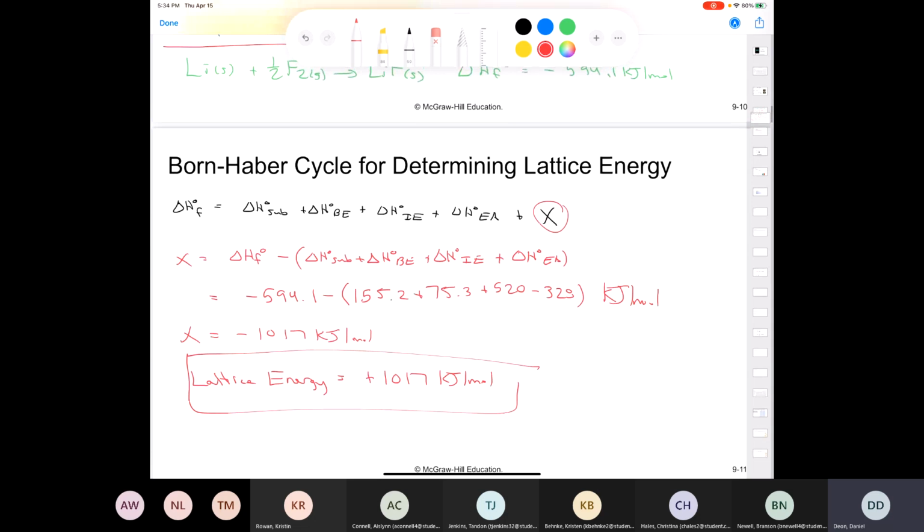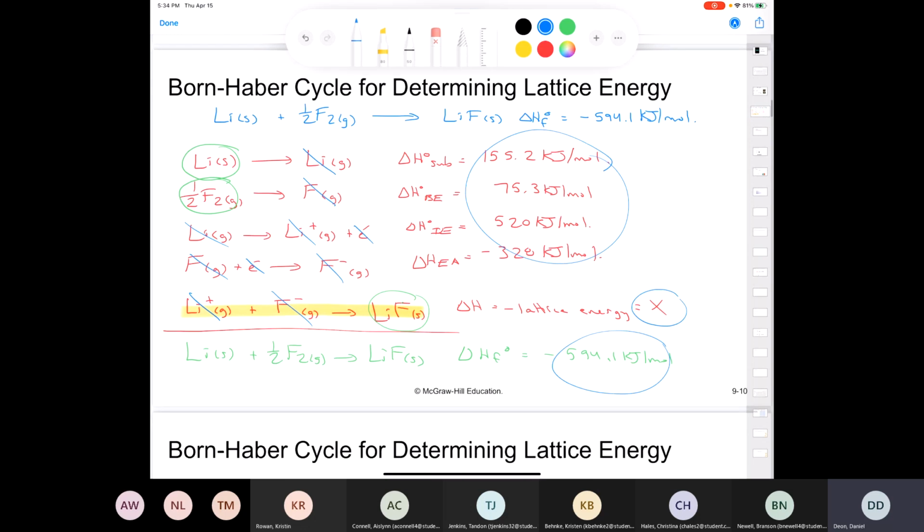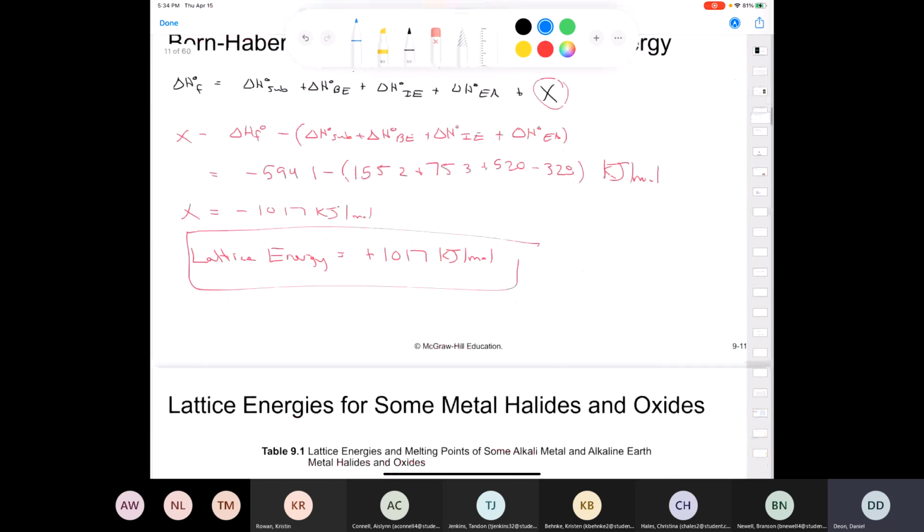We can't measure it directly, but we can use the fact that the sum of the enthalpy changes for the steps is equal to the enthalpy change for the overall reaction, and all we have to do is solve for that missing step, which was our lattice energy. So all we did was use these values and this value, and we used it to solve for our lattice energy. So that, in a nutshell, is the Born-Haber cycle.